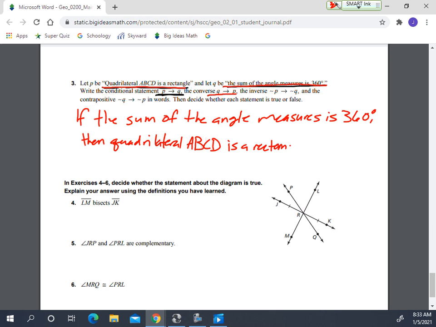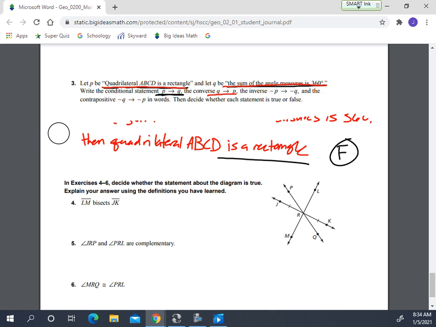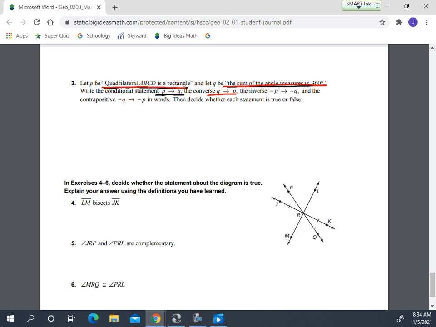Is that true or false? You should say false. Why? Because the sum of the angle measures 360 degrees. That's every quadrilateral. This is saying that the quadrilateral ABCD is a rectangle based on that information. That's false, right? All quadrilaterals have 360 degree angle measures. Okay, next one.